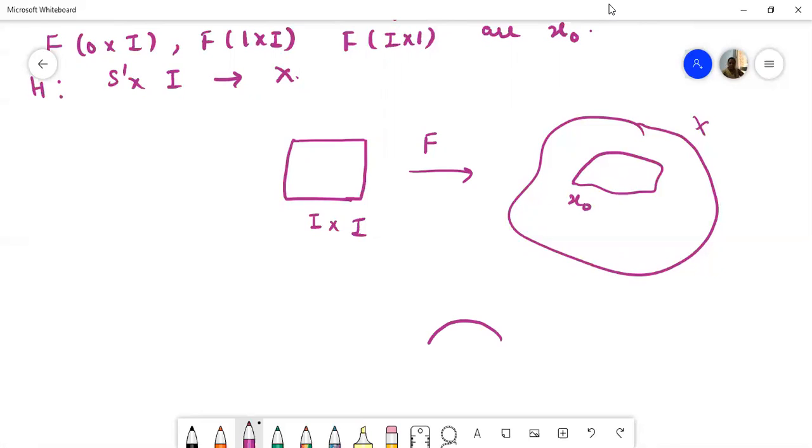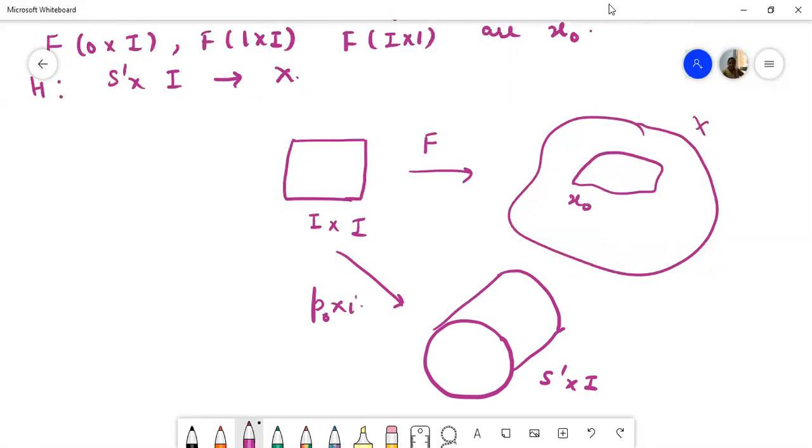Let us say this is S1, and we have this cylinder. This is S1 cross I. Now from I cross I to S1 cross I, we have this mapping p0 cross identity. And suppose this is the point b0 of the circle.